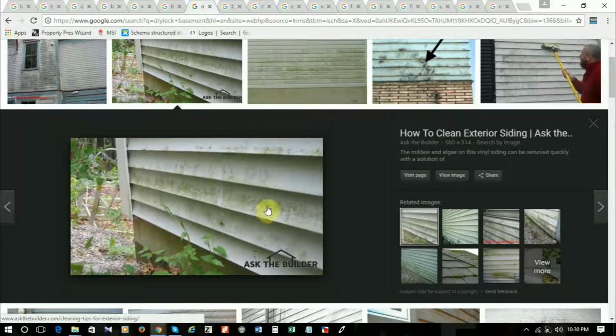If this is on the surface, pressure washing can remove most of the mold if it's not too severe. However, if it is severe, it will be necessary to bleach clean the siding.